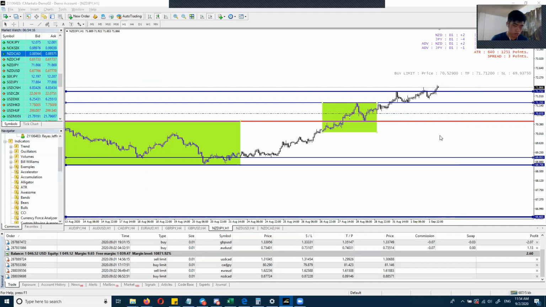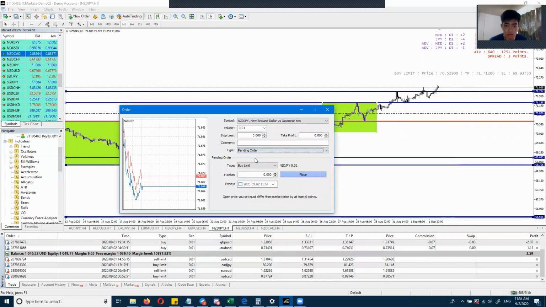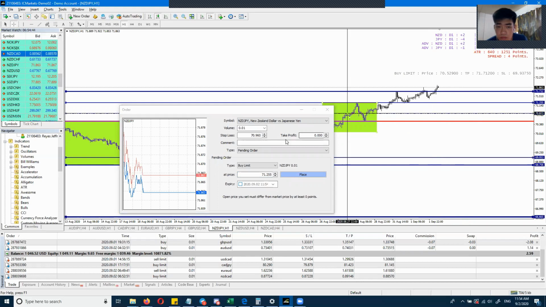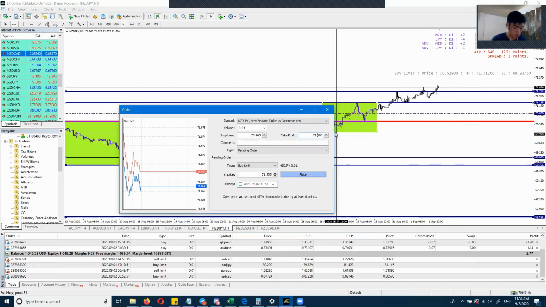70.960. Then ang entry natin is 71.255. Then TP natin is current high price niya is 71.96, highest 71.952. Okay.